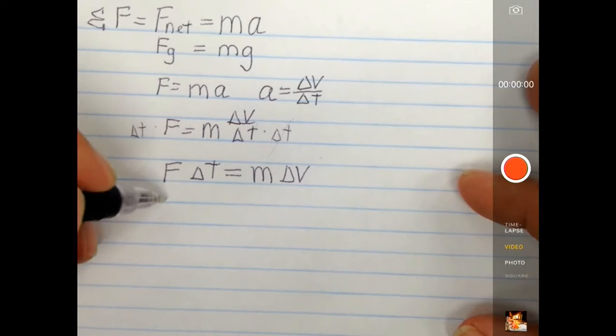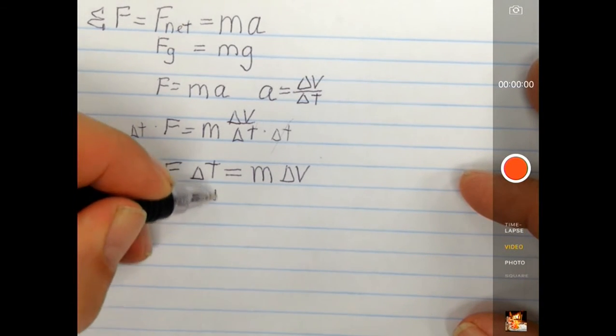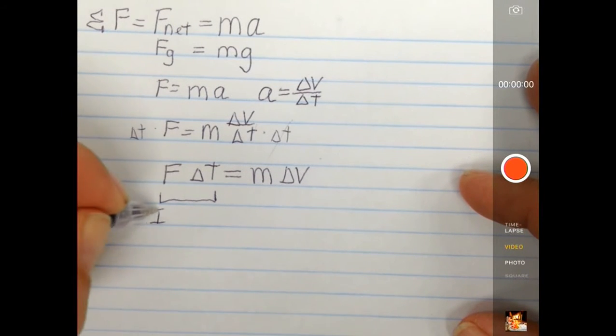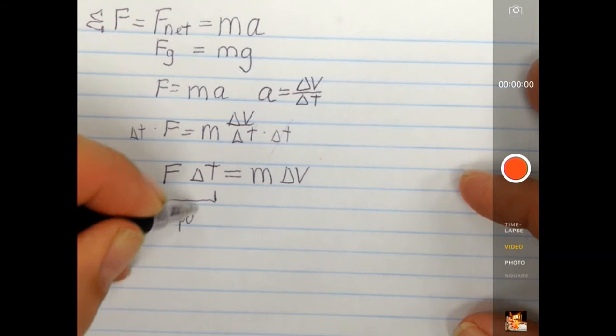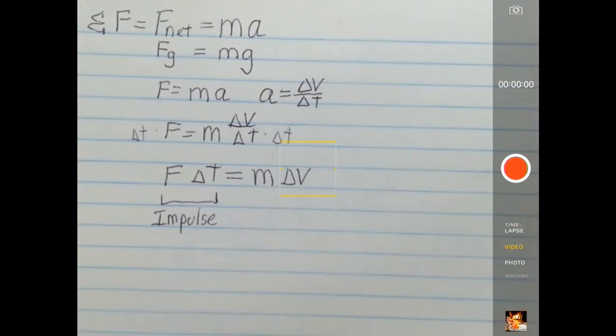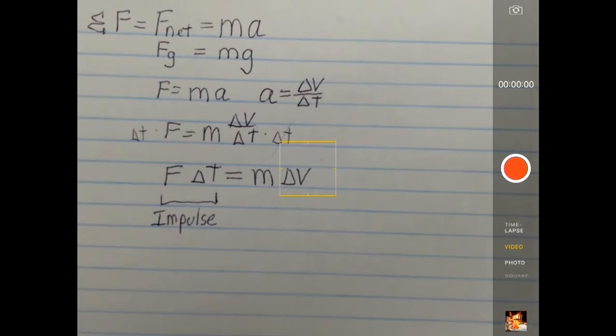The term on the left is called impulse. It is the product of force times time. We're talking about a situation where I have some object and I'm applying a force to that object for some amount of time.